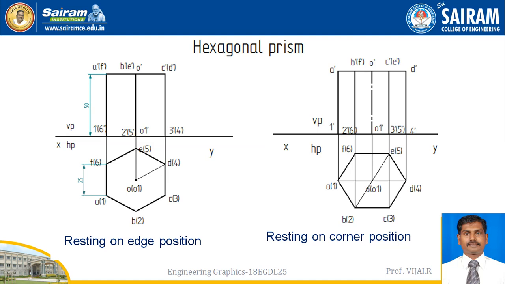For a hexagonal prism resting on an edge position, we have to draw the hexagon like this. We have to draw lines at 60 degrees, so that is a total of 360 degrees divided into 6 equal parts. So you have to draw evenly spaced 60 degree lines, so that you will get it exact.